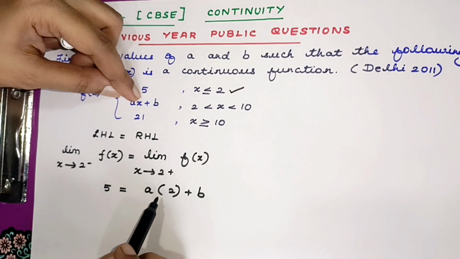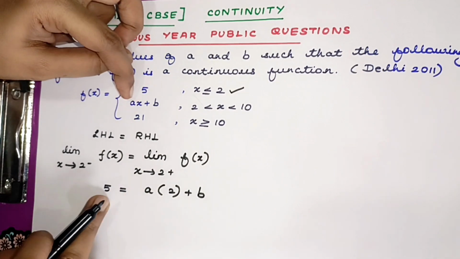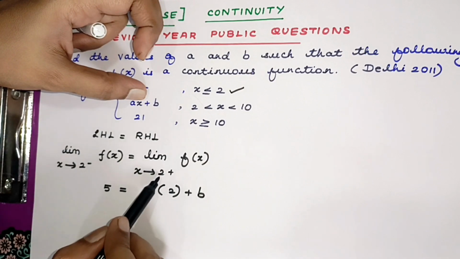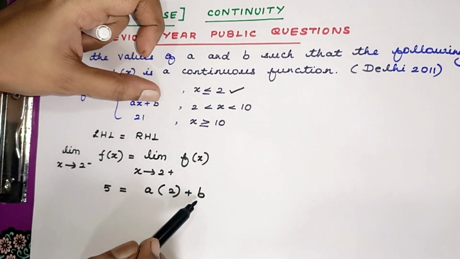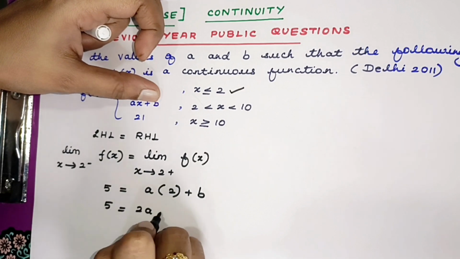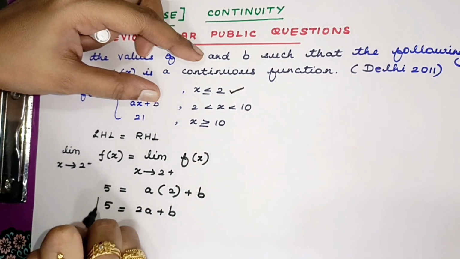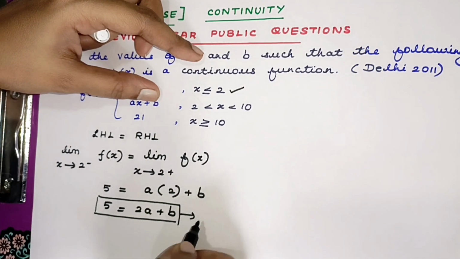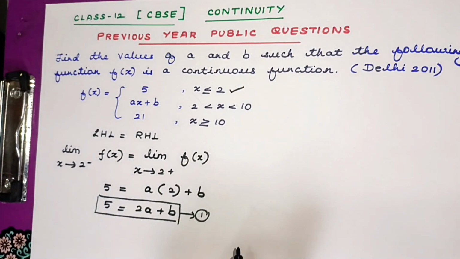So 5 is equal to 2a plus b. We have obtained one equation. Let us consider this as equation number 1.